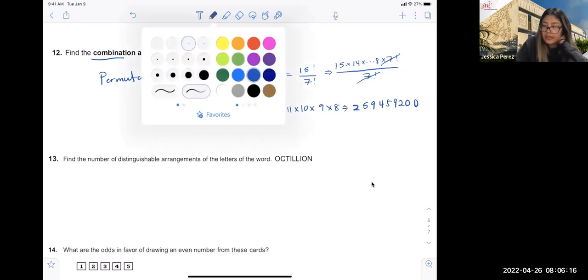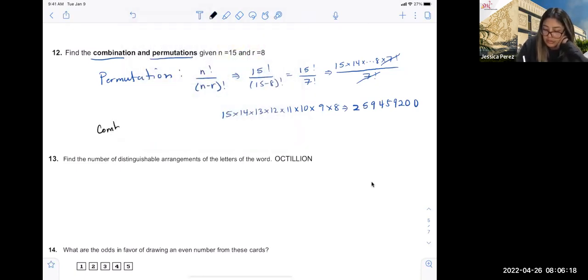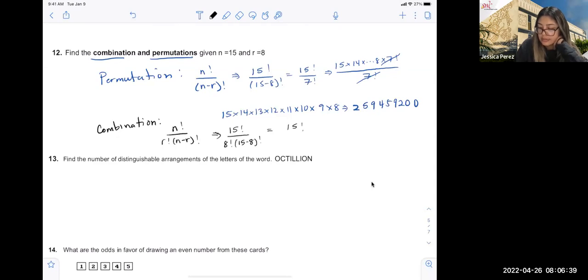So that's for permutation. The combination: you have n factorial over r factorial times n minus r factorial. You have 15 factorial over 8 factorial times 15 minus 8 factorial, so 15 factorial over 8 factorial times 7 factorial. So we know that 15 factorial over 7 factorial is 259,459,200.